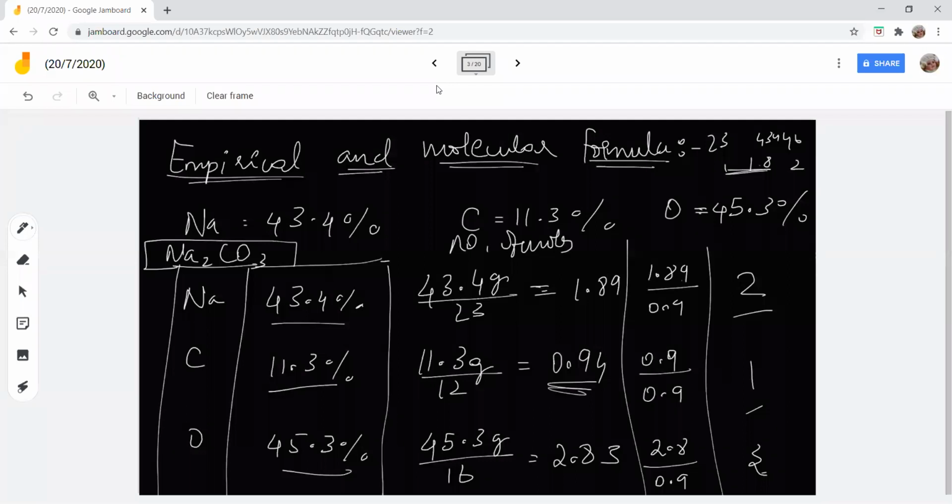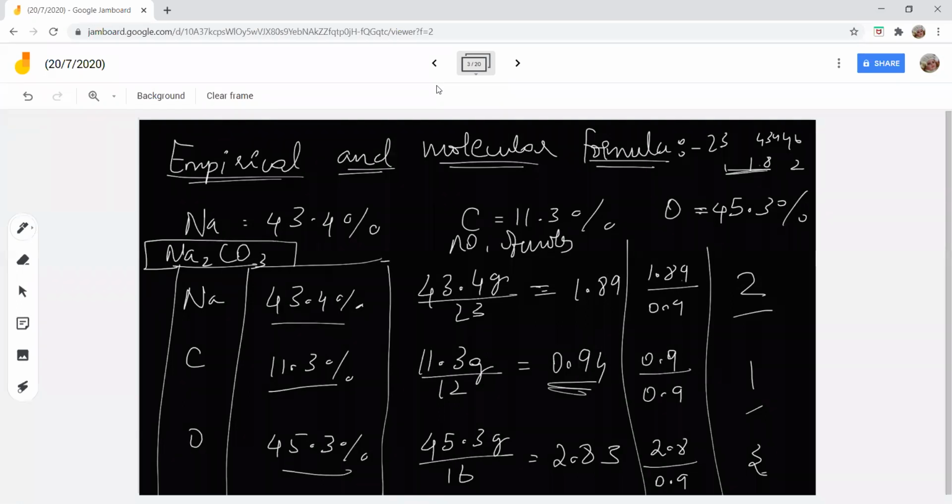If they have given you just the percentage composition of the elements in a compound, you can only find the empirical formula. Only if they have given you the molar mass of the molecular formula can you derive the molecular formula. Is that clear for you?